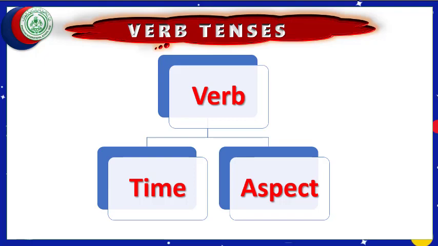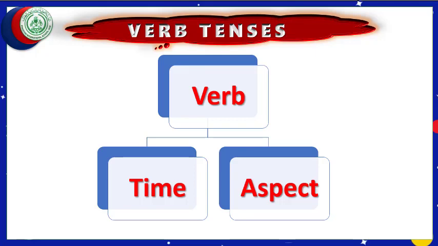In each sentence, we use a verb. There are two parts of the verb form. One part is called time and the other part is aspect. Verb form tells us the time of the action and aspect of the action.